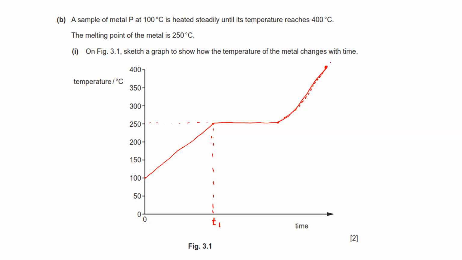Okay, this is how it goes. Let's name it P. So the temperature of the metal changes with time something like this. This is how my graph would look. This point is 250 degrees centigrade. This point is at 400 degrees centigrade.